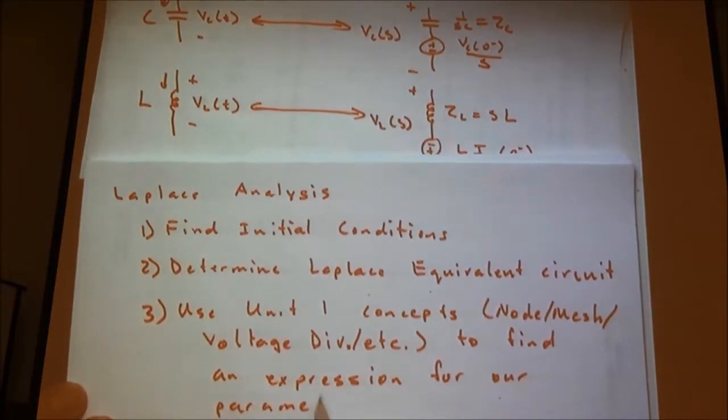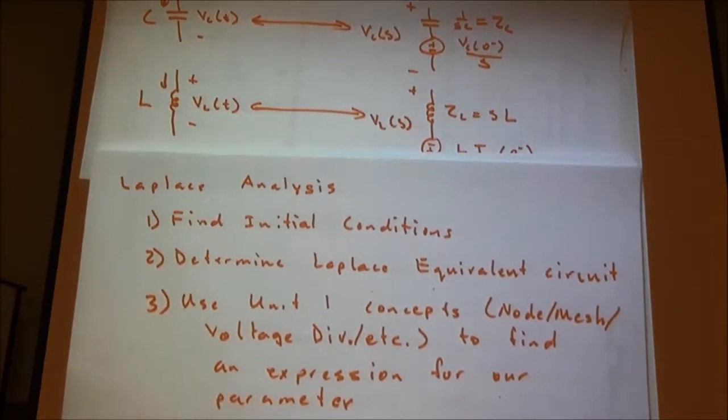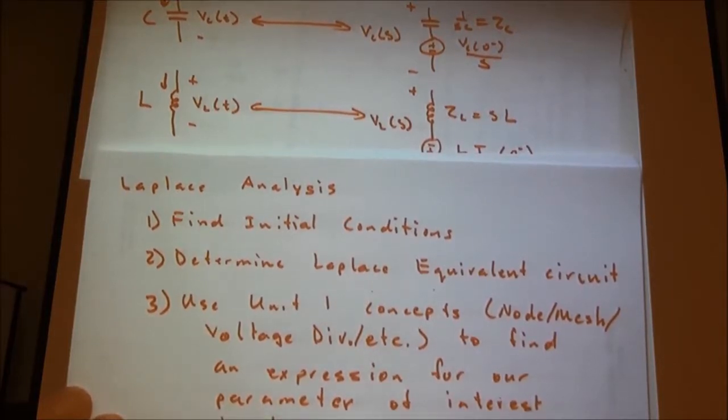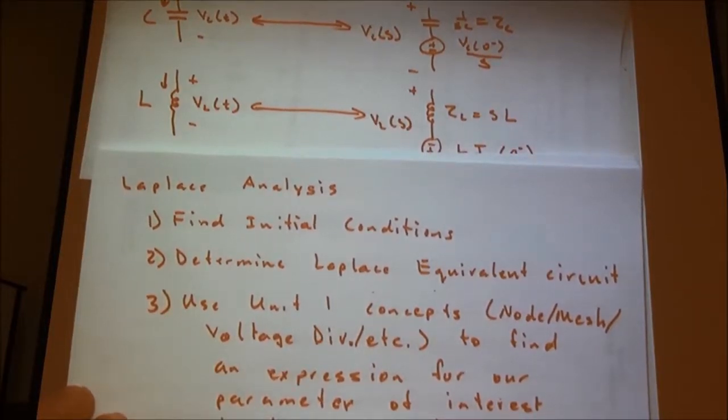So a little bit longer step, but at least to write out, in terms of impedances. Just like we did in Unit 1, we found things in terms of resistances if we did symbolic analysis. We can do that here in terms of impedances.